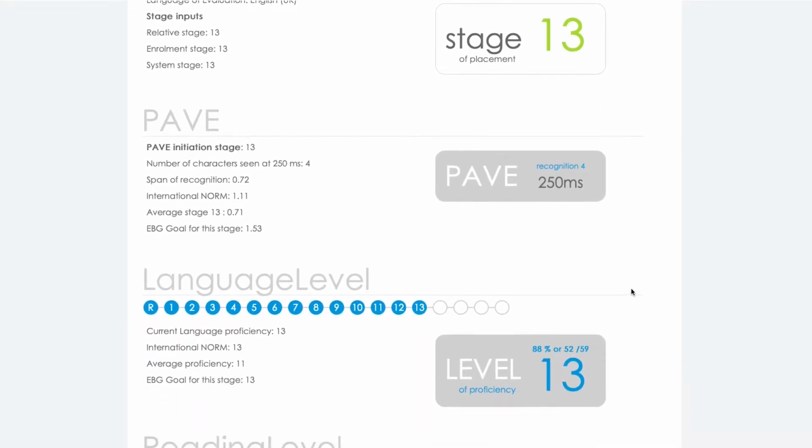Okay, so let's look at the achieve area in your placement report. The first area there indicates the number of characters that you saw at 250 milliseconds. So this area within our report has a lot to do with how fast your eyes move when you are reading and how long your eye stops while you are seeing when you are reading. And it is expected in the last portion of our secondary school education that we see at least 250 milliseconds.